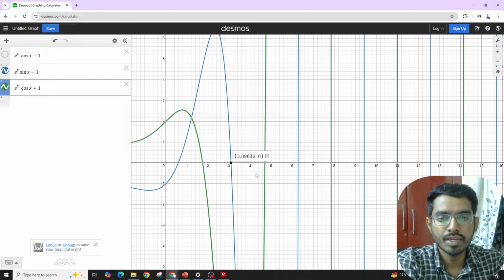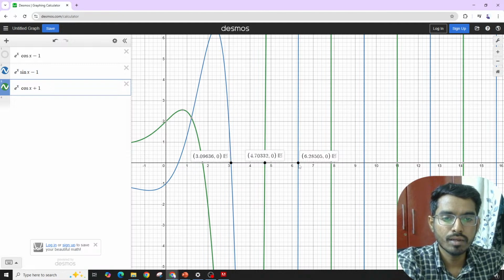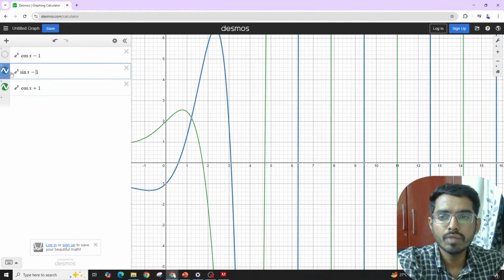There is one root of the green graph, right? Between any two roots of blue, there is one root of green.